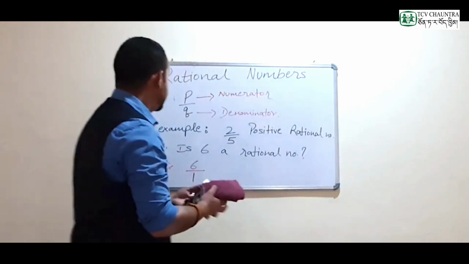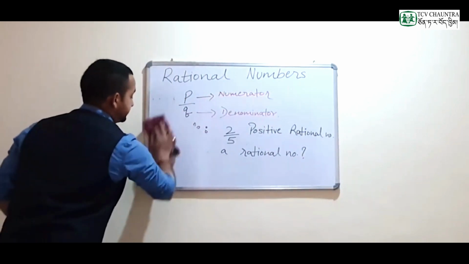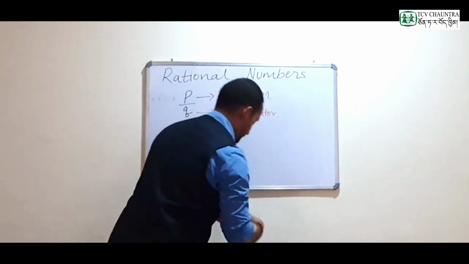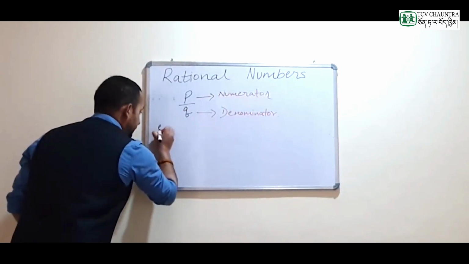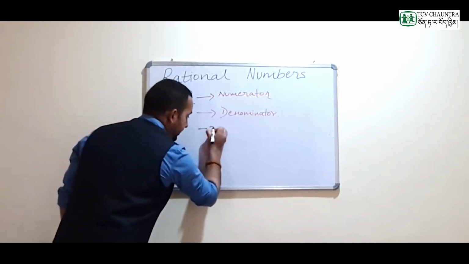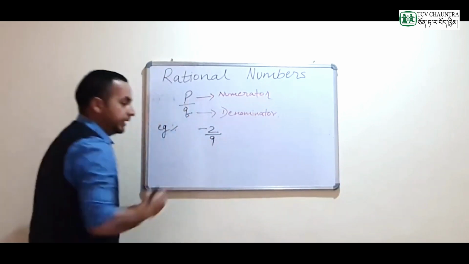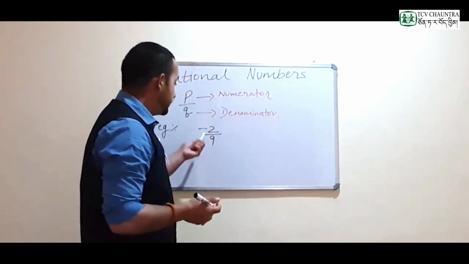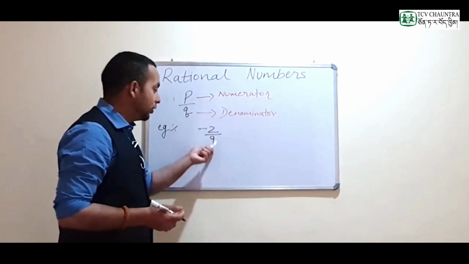Now we will take a negative rational number example. Let's take negative 2 upon 9. Is this a rational number? Yes, because we can express it in the form of p by q.